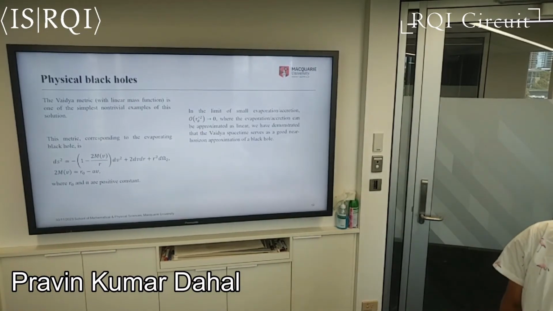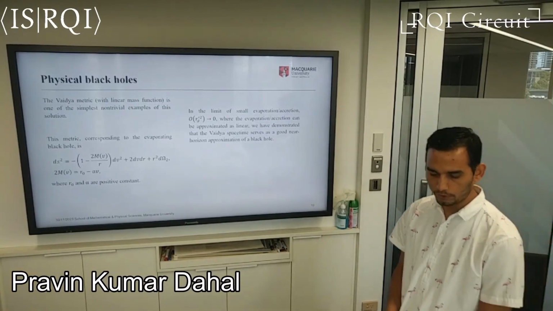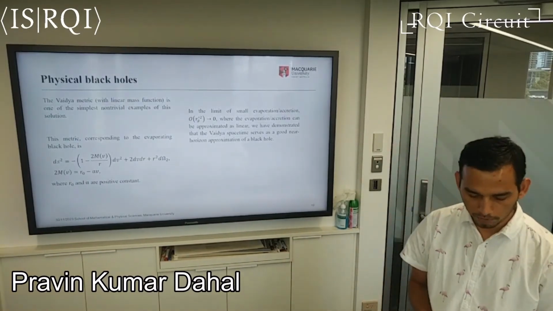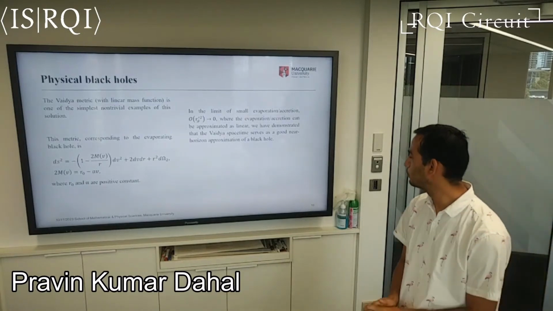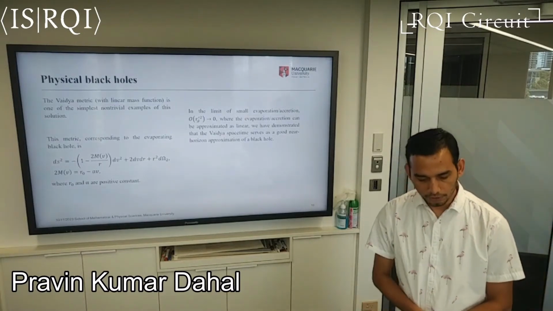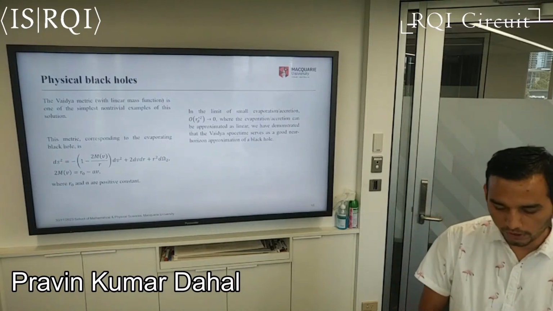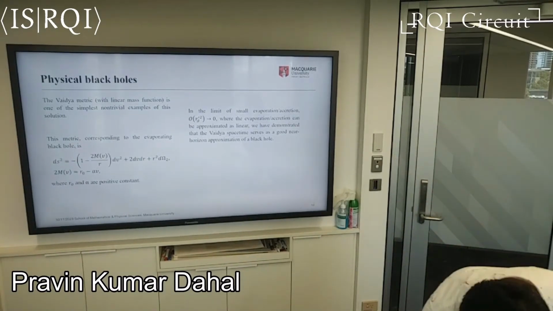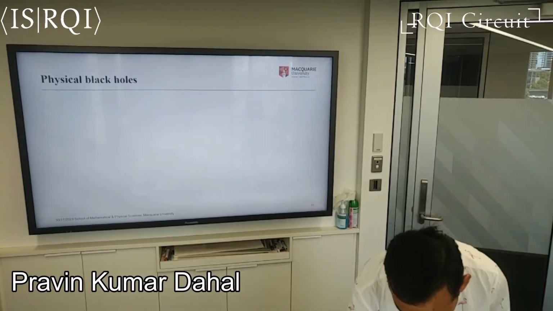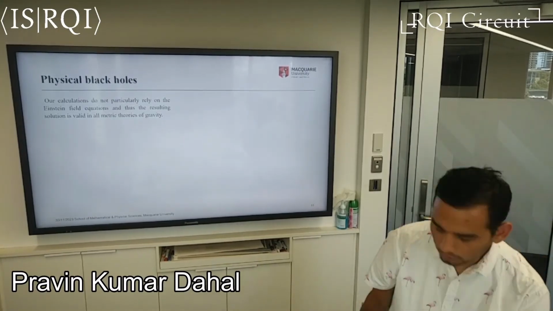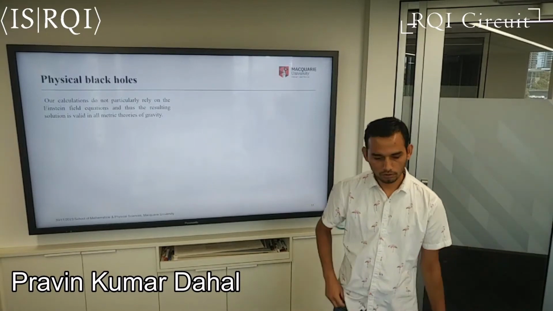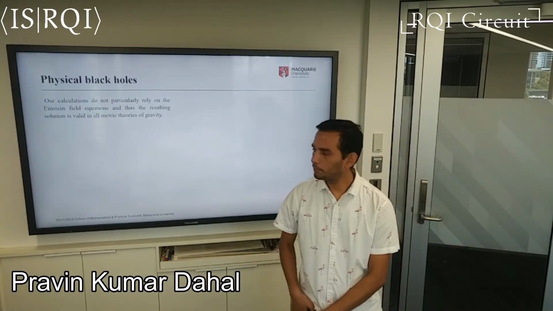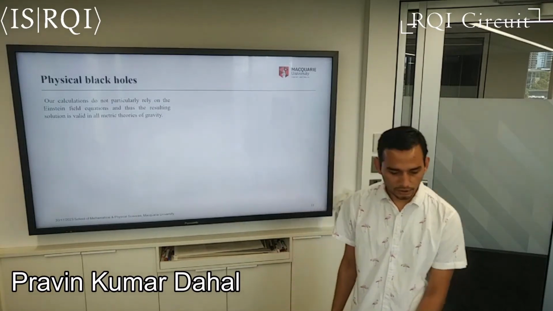And moreover, in the limit of small evaporation, by using Einstein equations, which is not possible in this framework, we have shown that Vaidya spacetime solves a very good near horizon approximation under some assumption. Comments on that: our calculations do not particularly rely on any specific theory of gravity.